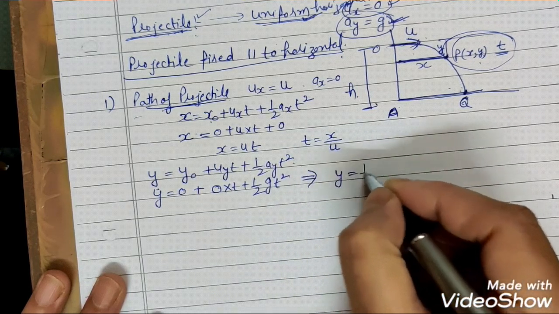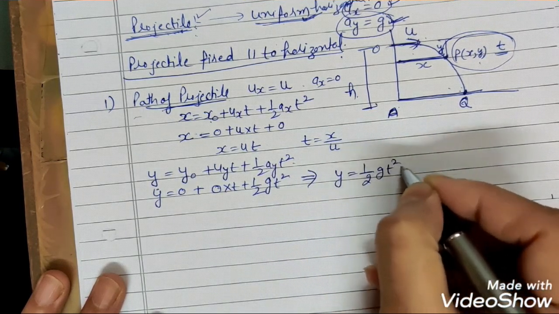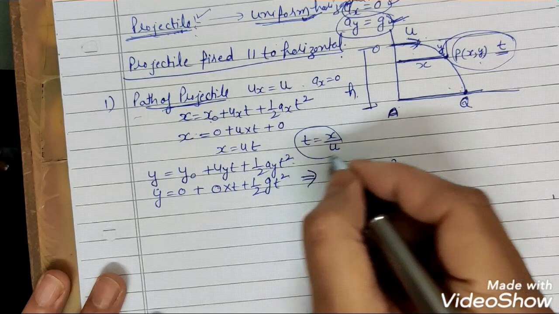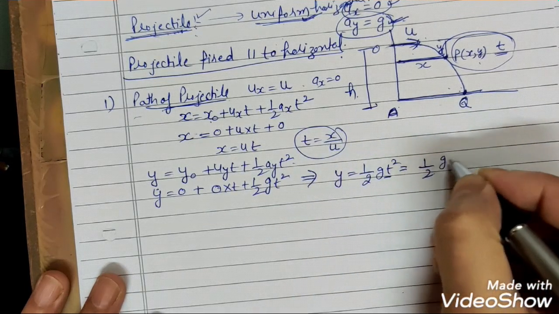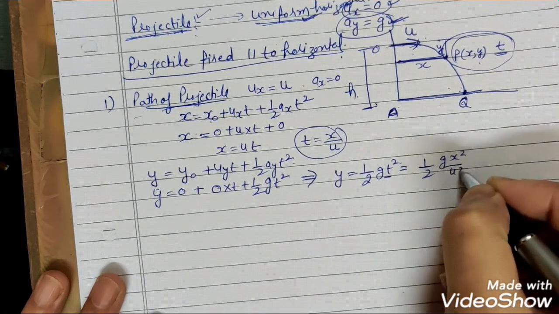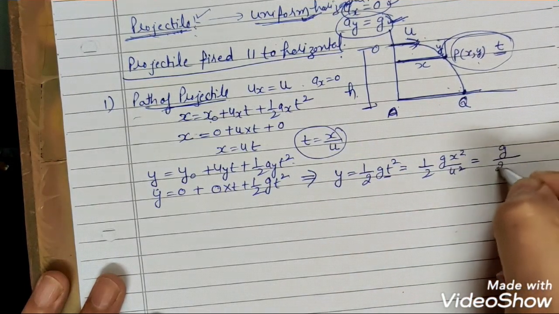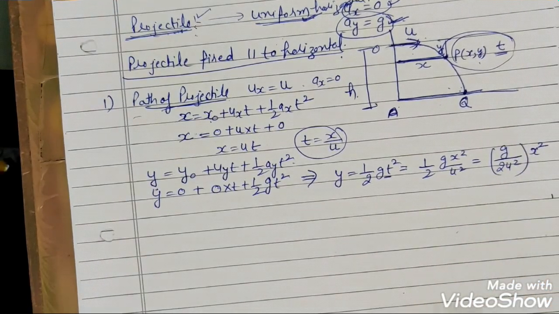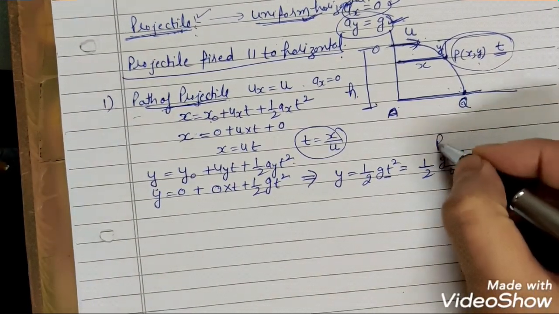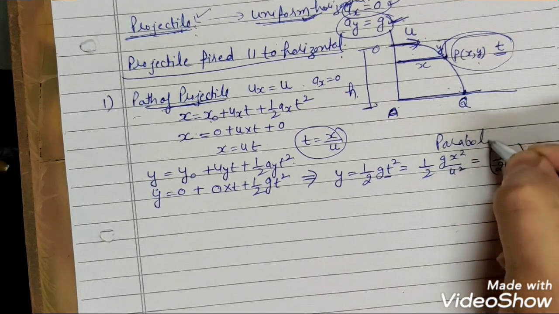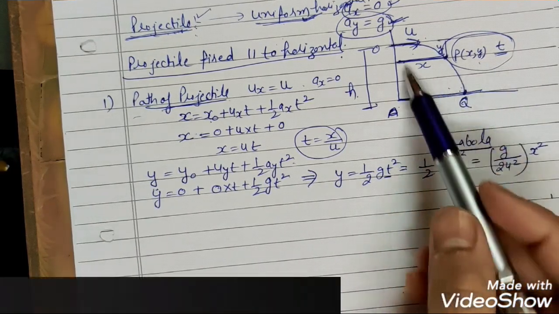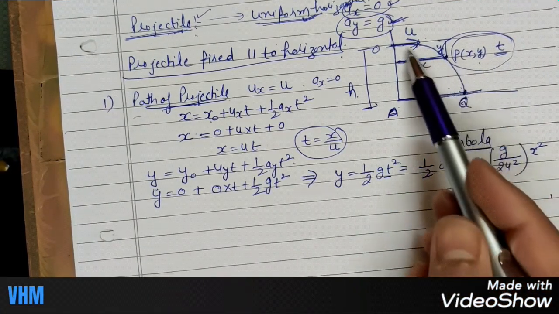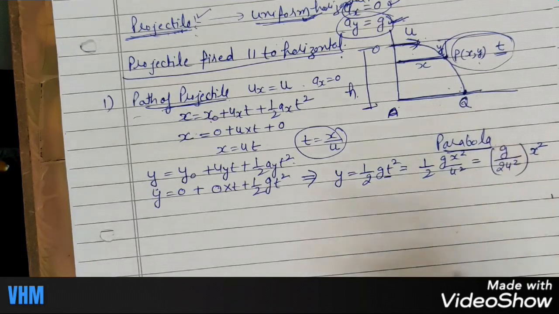So we get y = half gt square. Put the value of t here, and we get y = g x square upon 2u square. And this becomes the equation of a parabola. Means a projectile fired parallel to the horizontal moves in a parabolic path.